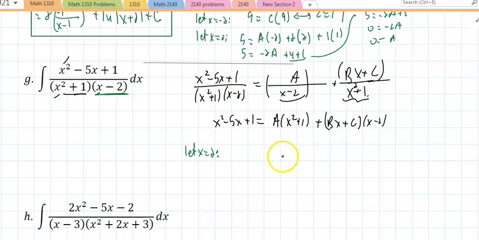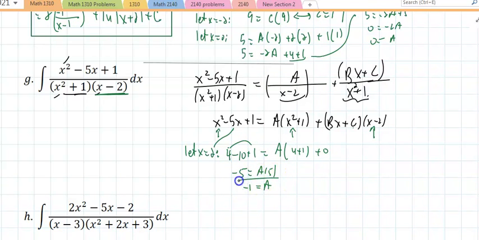That'll save me time. If I let x equal 2, 2 squared is a 4. 5 times 2 is 10 plus 1. If I put a 2 right there, that is 2 squared, that's 4 plus 1. And if I put a 2 there, that's a 0. So this pretty much says negative 5 equals A times 5, which means A is negative 1.